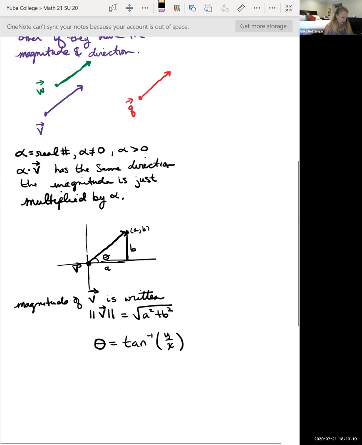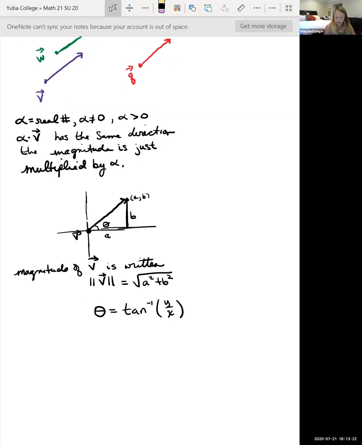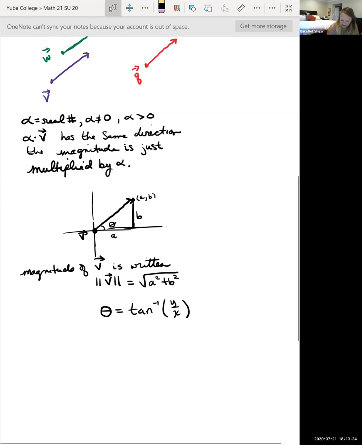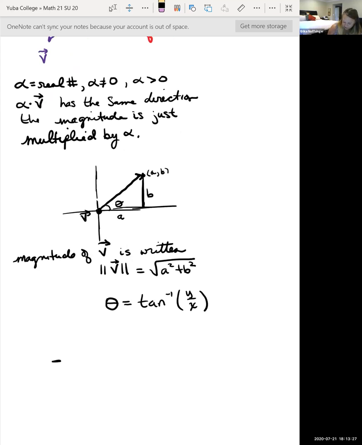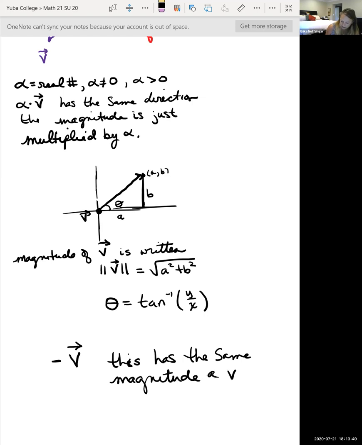But before I do that, one other thing I want to talk about is the negative. So if I look at the negative, so my scalar is -1, and I multiply it times a vector, this vector has the same length or same magnitude as V, but heads in the opposite direction.